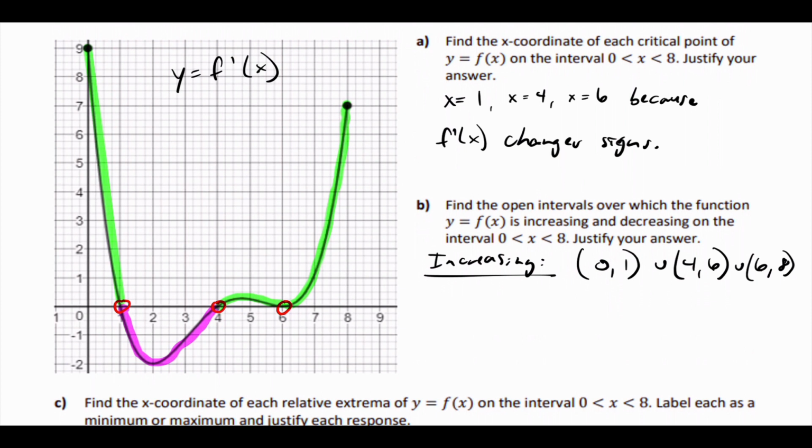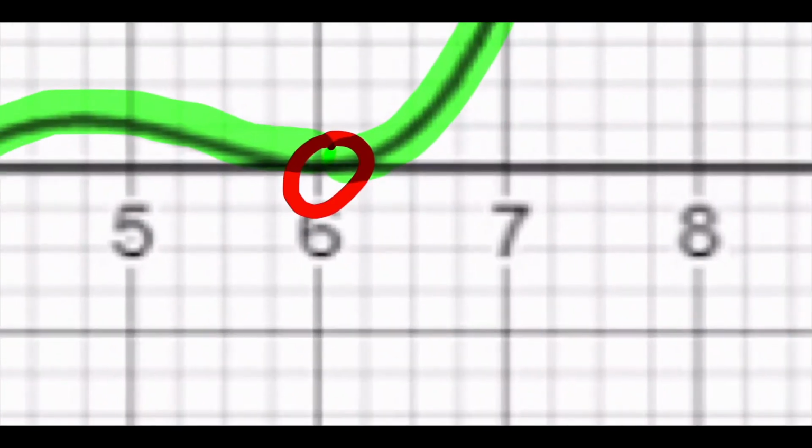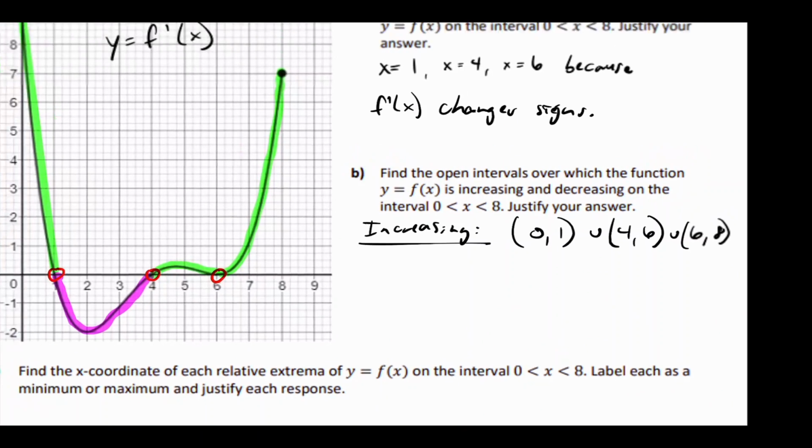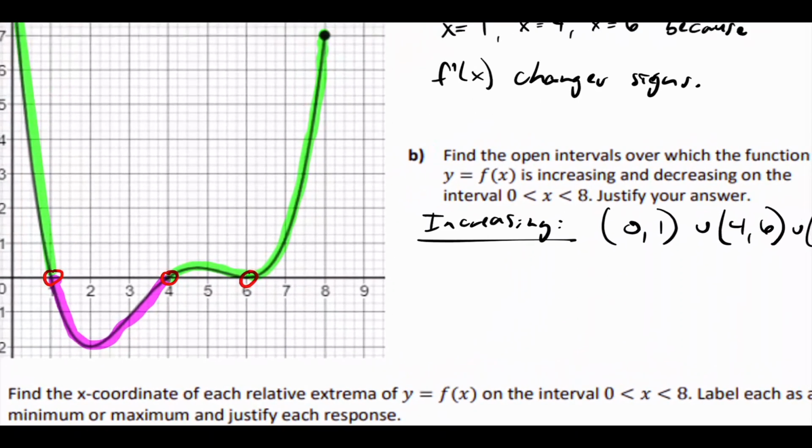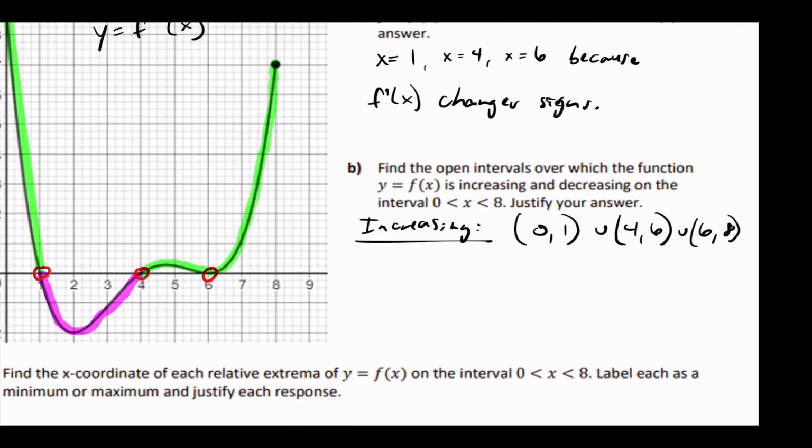Because at 6, it's not, 6 is at 0, right? 0 is not a positive or a negative. 0 is just 0. So that's why I broke up. It kind of looks like it goes from 4 to 8, right? But at 6, it's touching the x-axis. So actually at 6, it's actually 0. 0 is not a positive number. We only want to know where is it positive. Okay, so that's why I broke up 4 to 6 and 6 to 8.